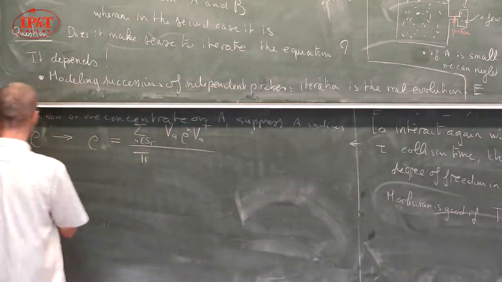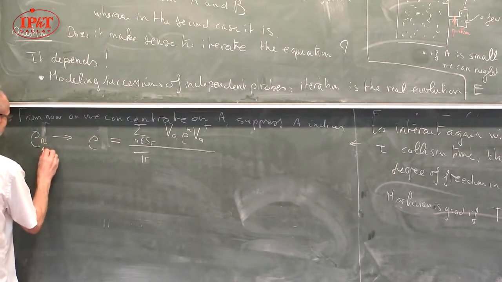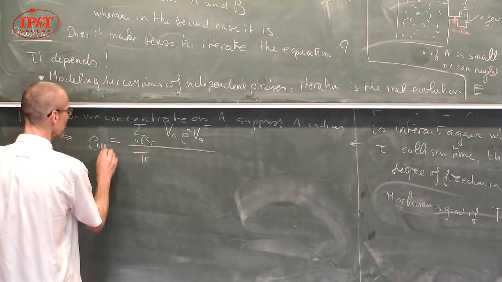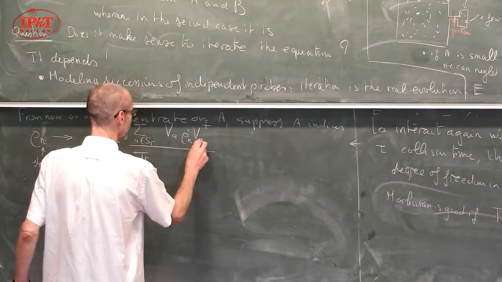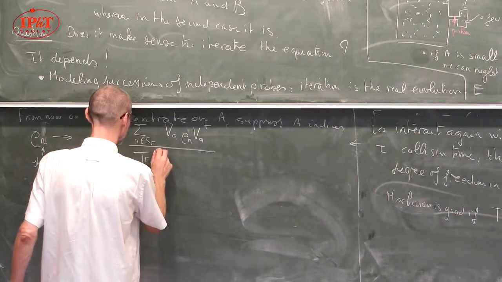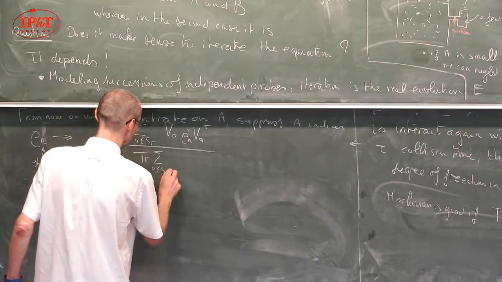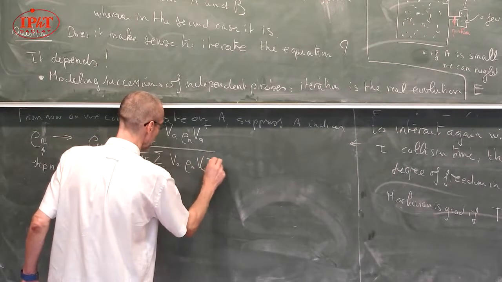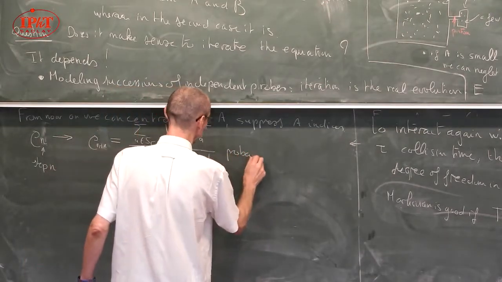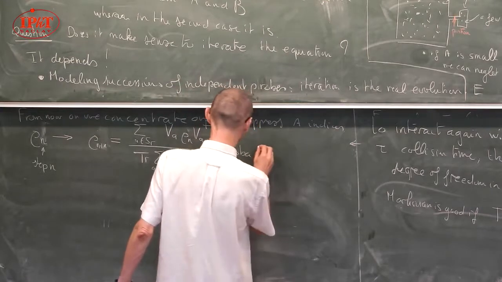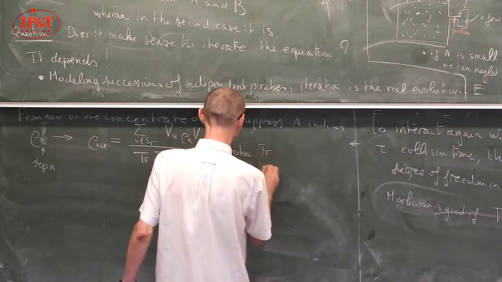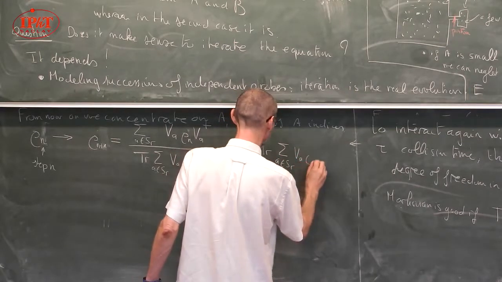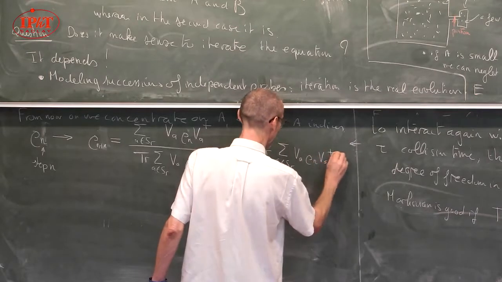So now it's just rho at step n, and it gives rho at step n plus 1, which is V_A rho_n V_A dagger, divided by trace, sum over A belonging to SR, with probability trace, sum over A belonging to SR of V_A rho_n V_A dagger.